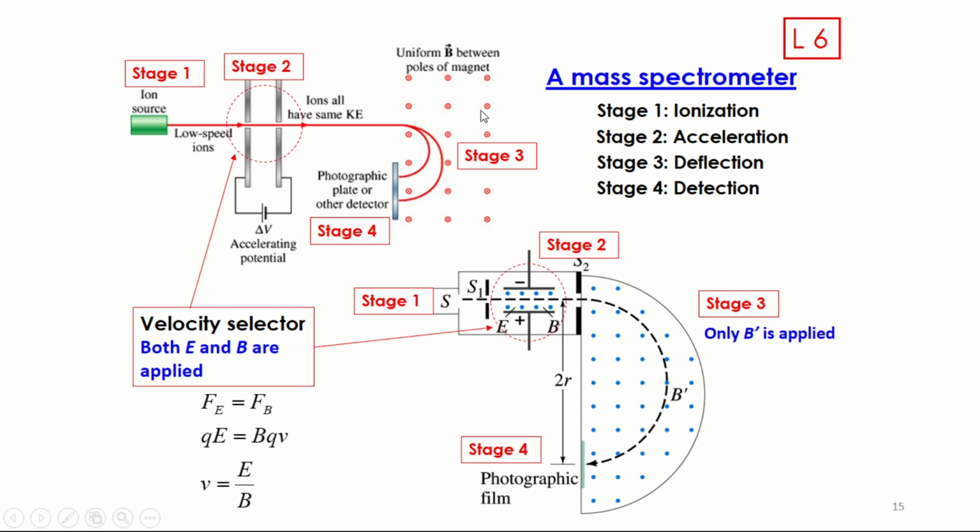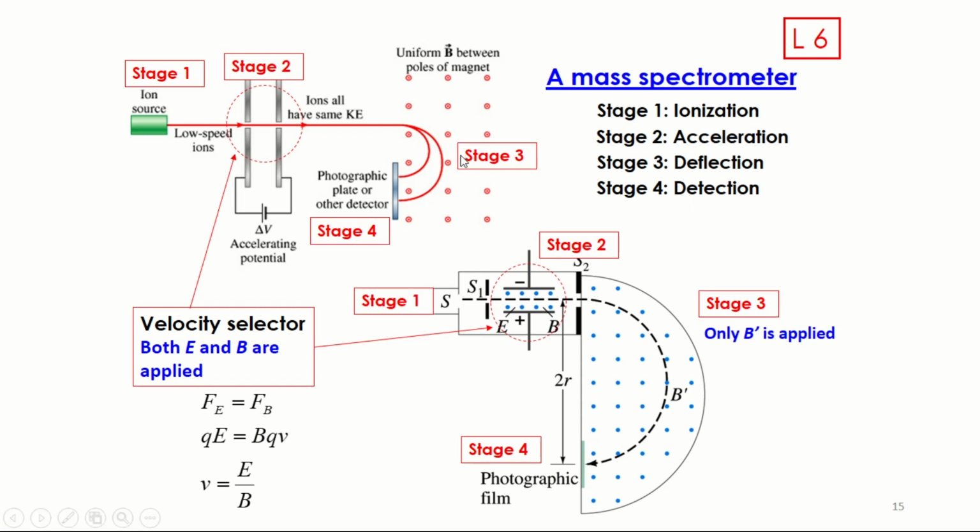Stage 3 is deflection. In stage 3 we have B only, the magnetic field. The dot here means the direction of B is out of the page.